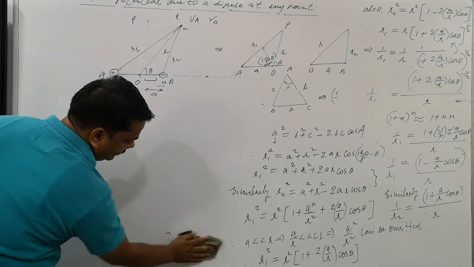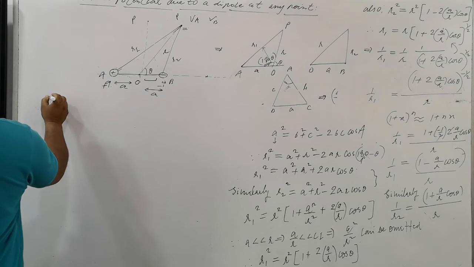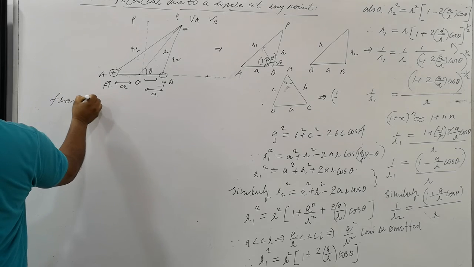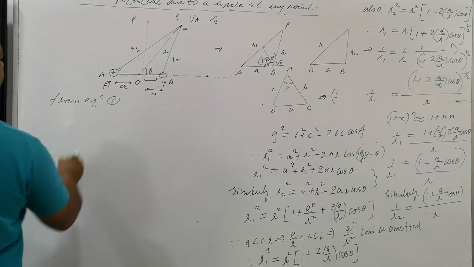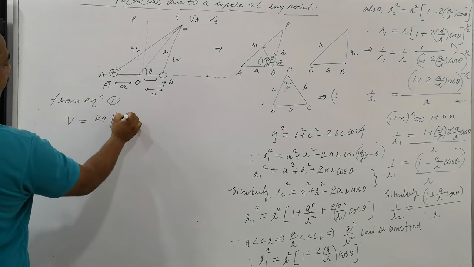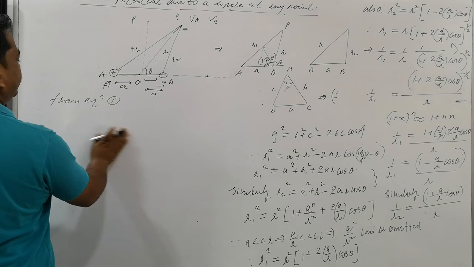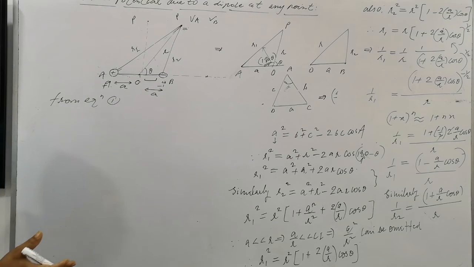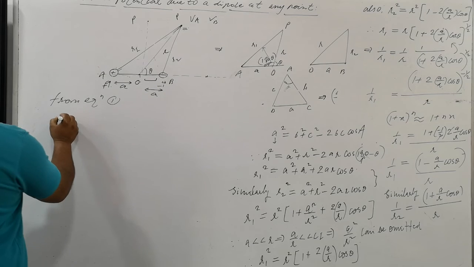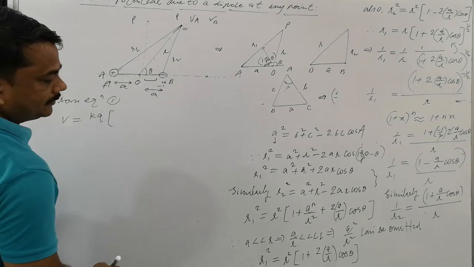From equation 1, potential V is equal to KQ, 1 by R1 plus 1 by R2 is to be there, okay?